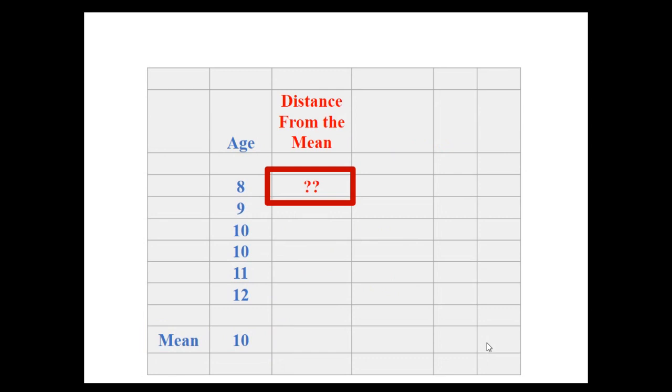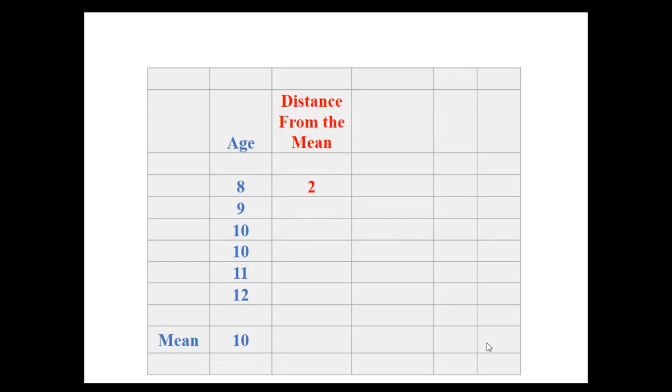So, if the raw score is 8, what is its distance from the mean? Okay, the distance of this score from the mean is 2, because 10 minus 8 is 2.